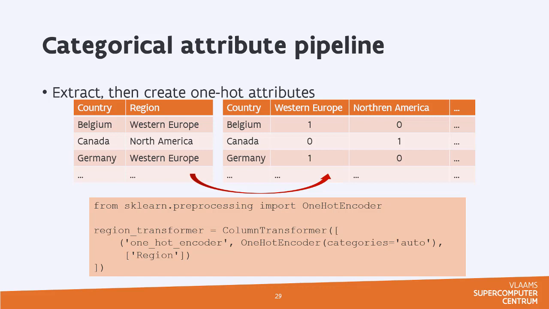So again, we supply a list of the column names, which in this case is obviously just region, and we specify the action to be done, and that would be a one hot encoder, and the categories are automatic. So basically they are inferred from the dataset. This is no problem if there is no missing data. If there is missing data, then this approach is somewhat too naive.